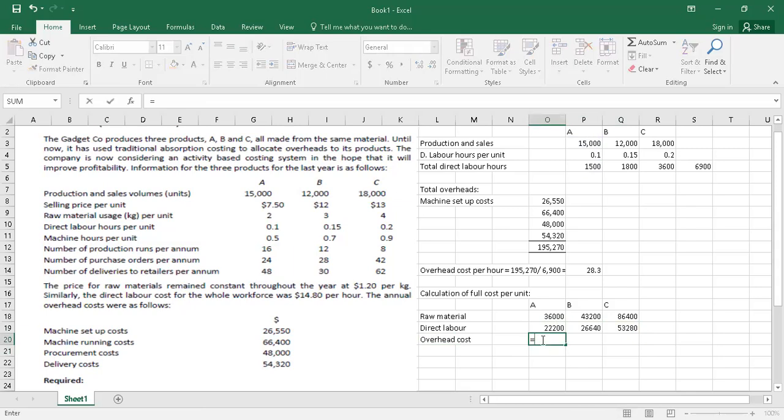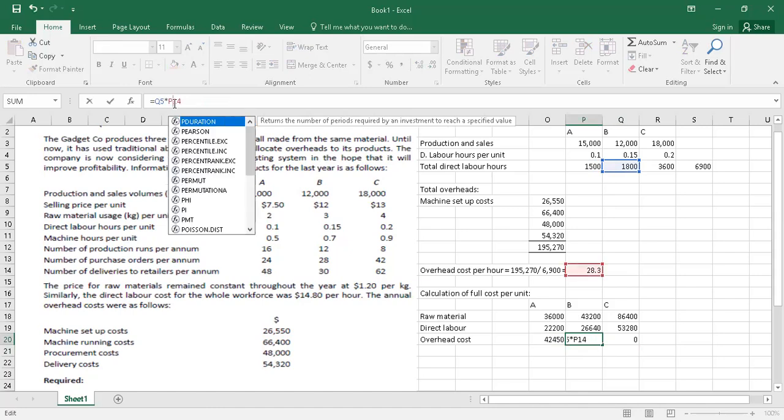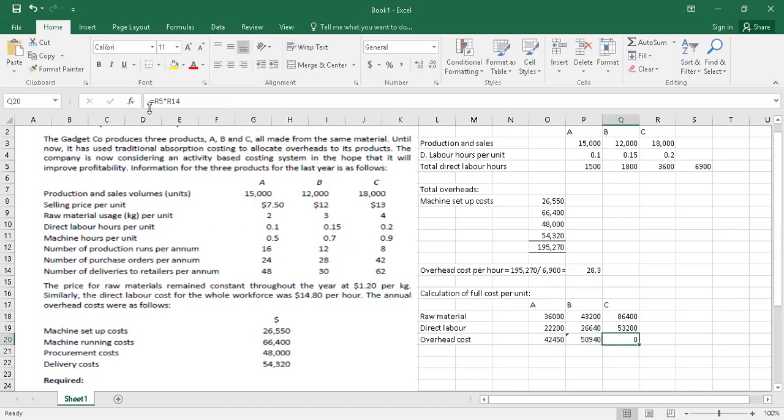Then add them up to find out the full cost.